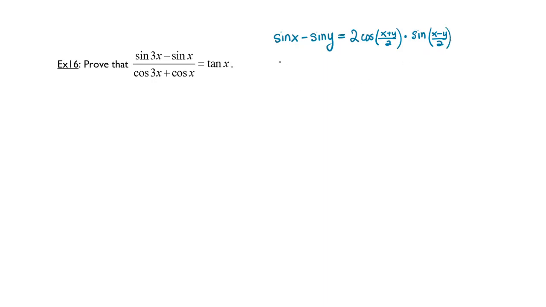And in the denominator, I have a sum of cosines here. So I need to find a sum to product. And this is kind of like a difference to product.